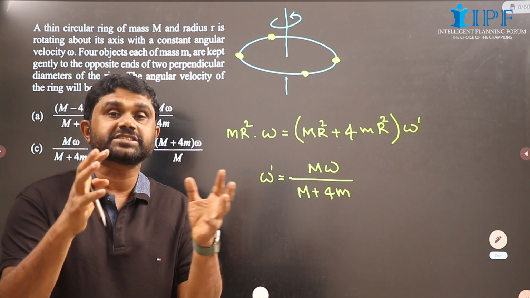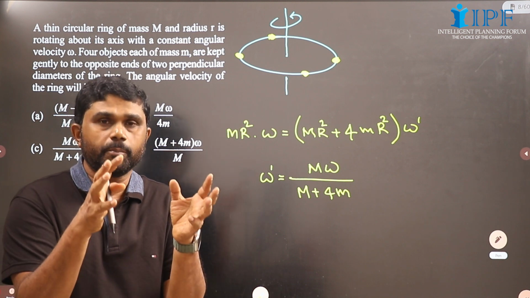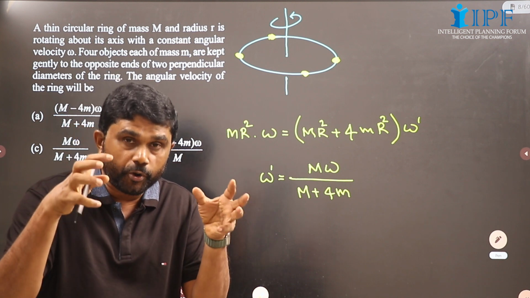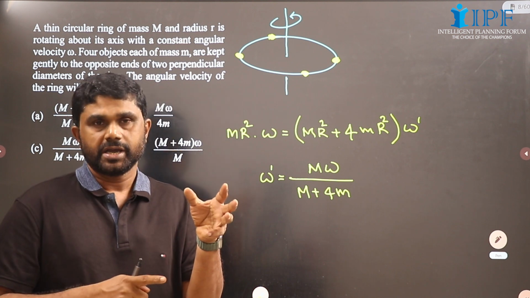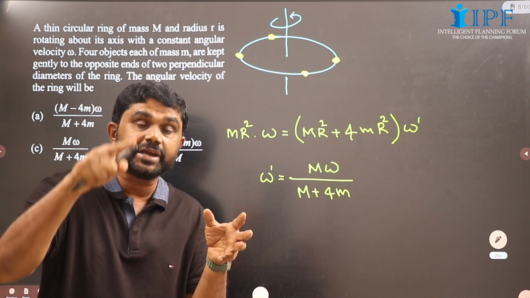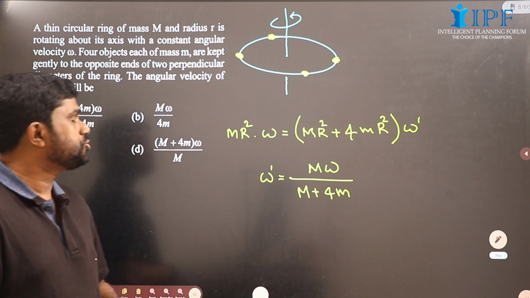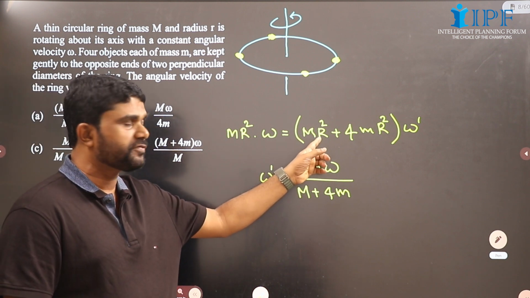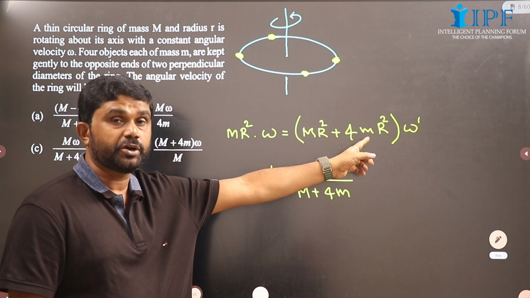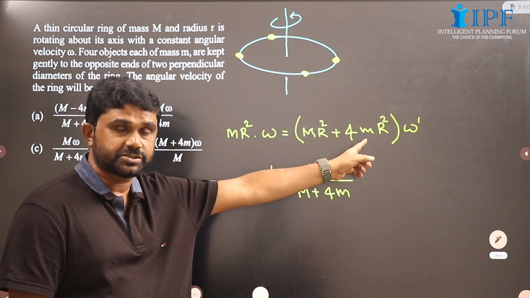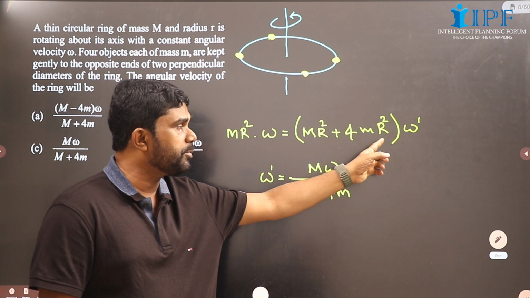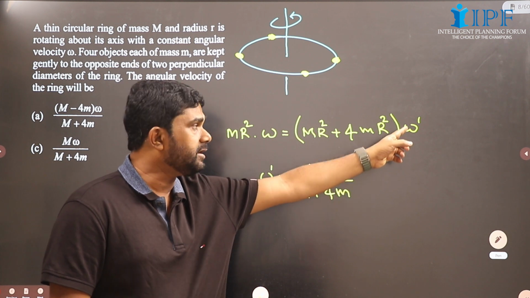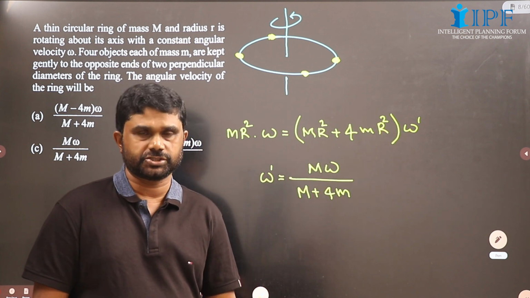Such 4 objects are there, so the total moment of inertia of these 4 point objects will be 4 m r square. And the moment of inertia of the ring will be capital M into r square. So this is the total moment of inertia, and the final angular velocity is omega dash.